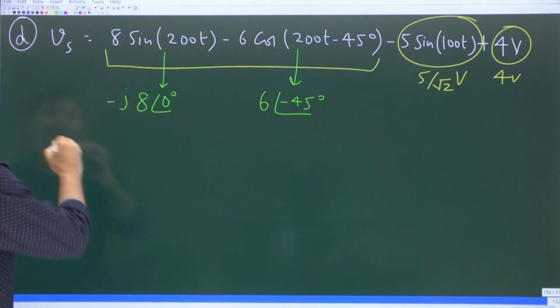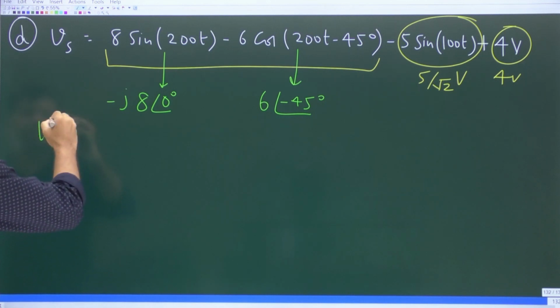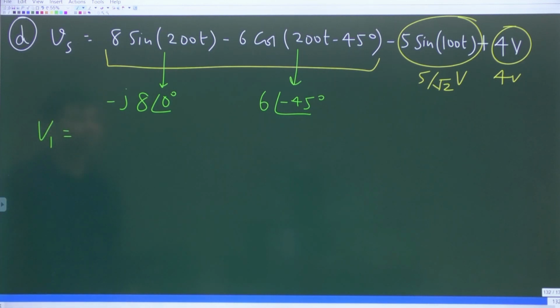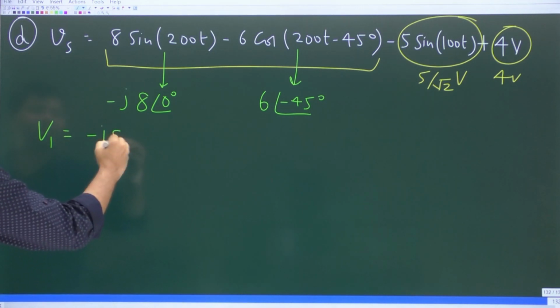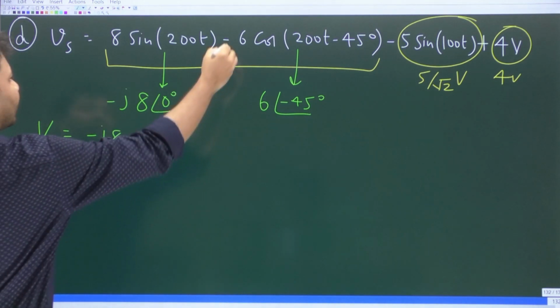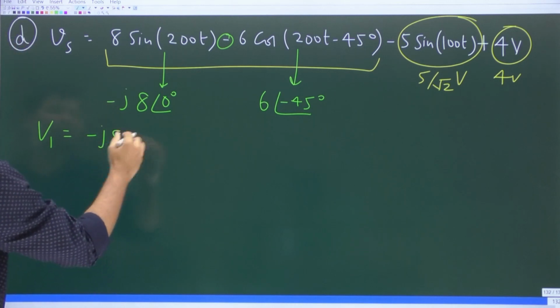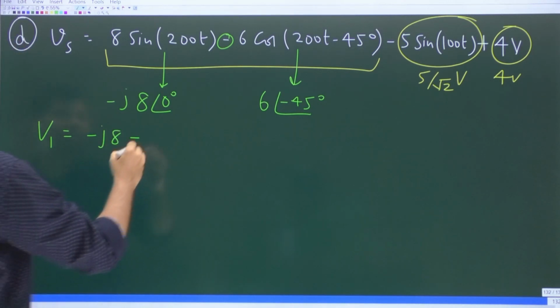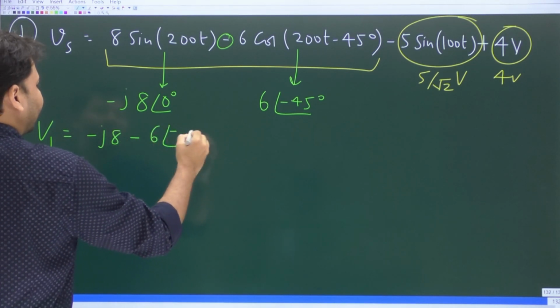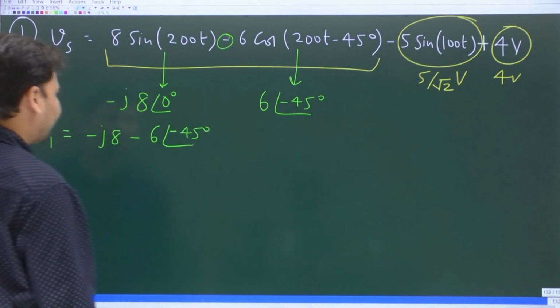Let's call it capital V1. So capital V1 will be equal to minus j8. Remember, in between we also have this minus sign, so put that minus sign: minus 6 at an angle minus 45 degrees.